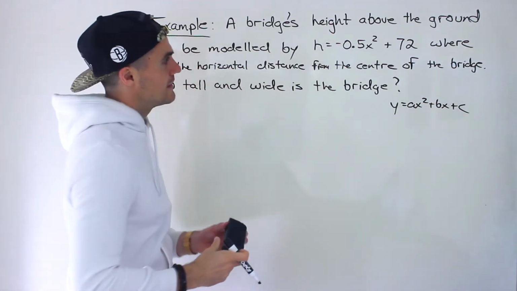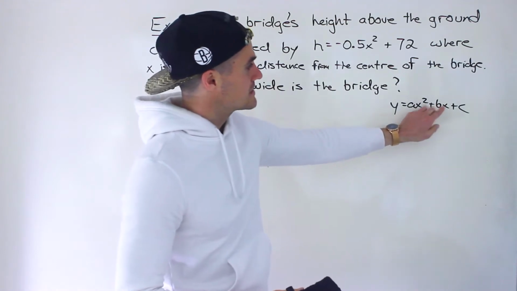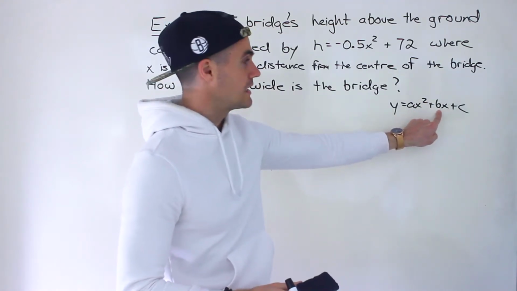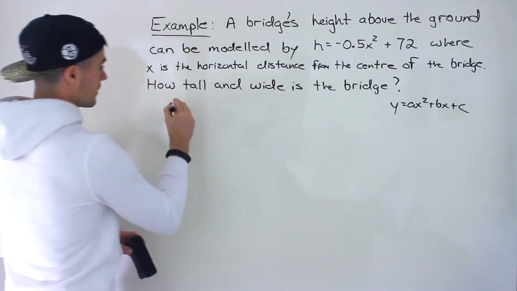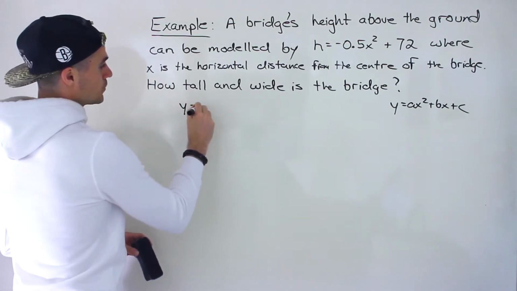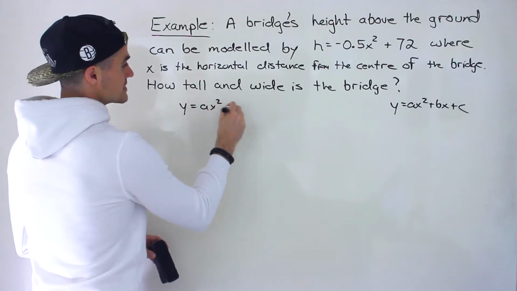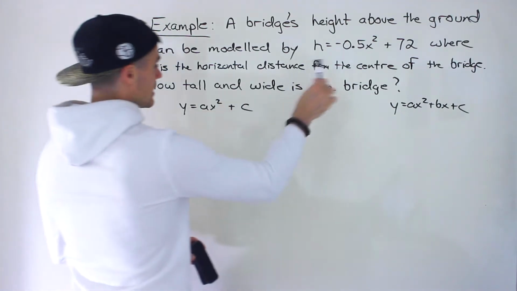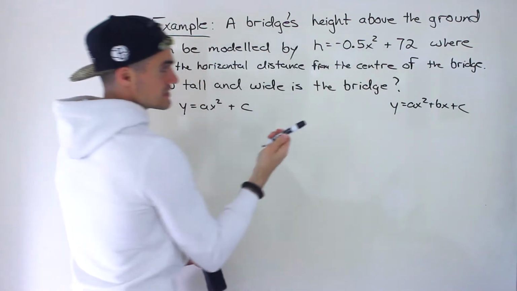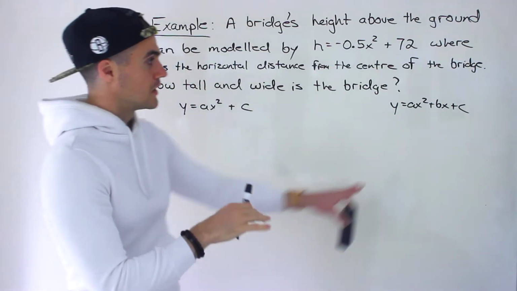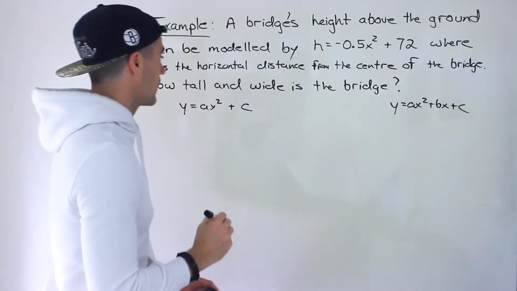Notice that in this case, the bx is missing. The b has a value of 0. So this quadratic is in the format y equals ax squared plus c. Here, a is negative 0.5, and the c value is 72. That middle term, bx, is not there.